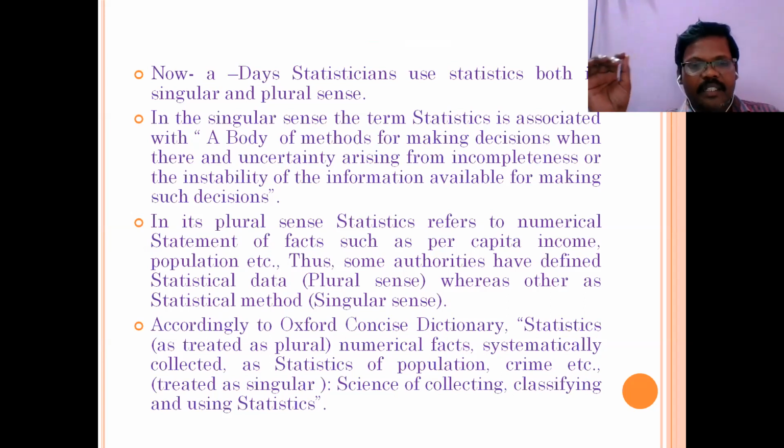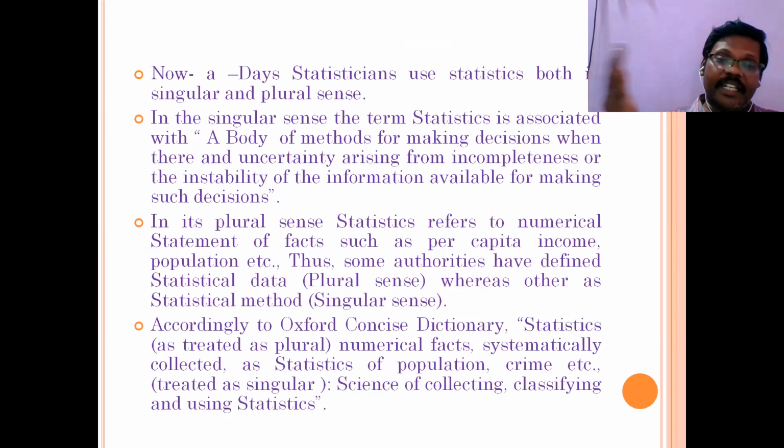So that's why what I am saying is that most of the statistics is used in the plural sense only. Some authorities have defined statistical data in the plural sense, whereas others define statistical method. Statistical method is a singular sense, but statistical data is a plural sense, for the simple difference.